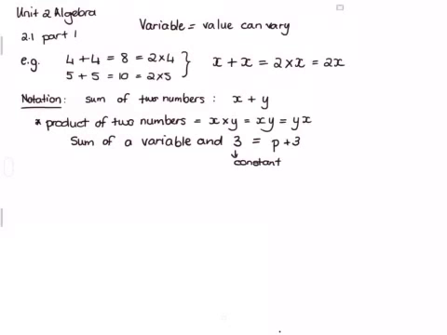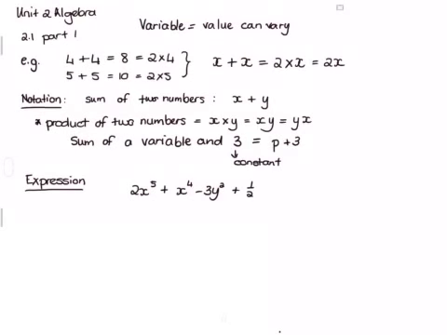Right, let's look at an algebraic expression. An expression doesn't have an equal to sign in it. So an expression just consists of a lot of algebra. And we're going to have a look at all of these things.